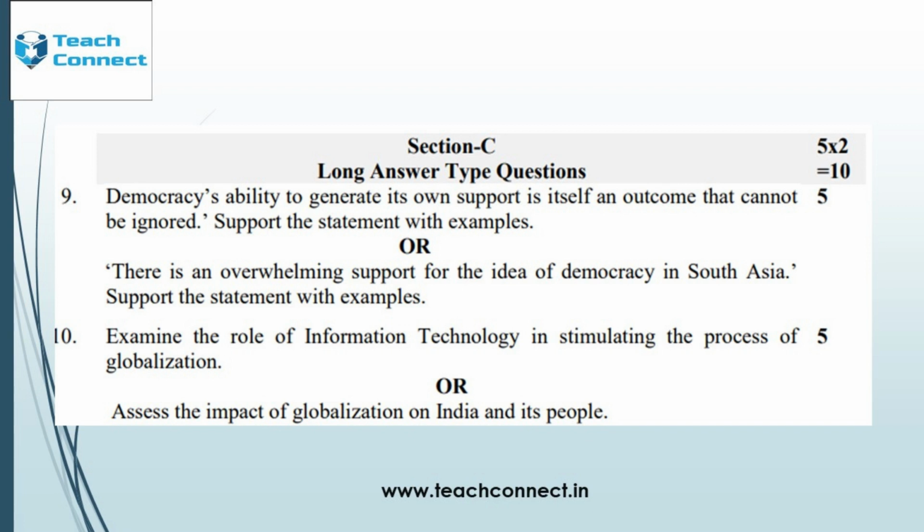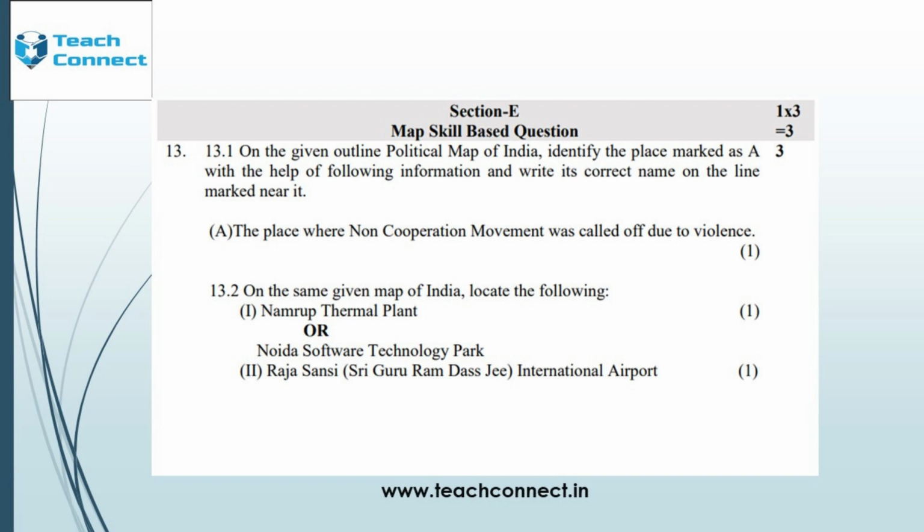For 5 marks questions, an internal choice is given in political science and economics: there is an internal choice between any 2 political science questions and any 2 economics questions. When a case study question is given, there is no choice. History and geography in the sample question paper appear in the form of case study questions. And the last one, question number 13, is the map pointing question.